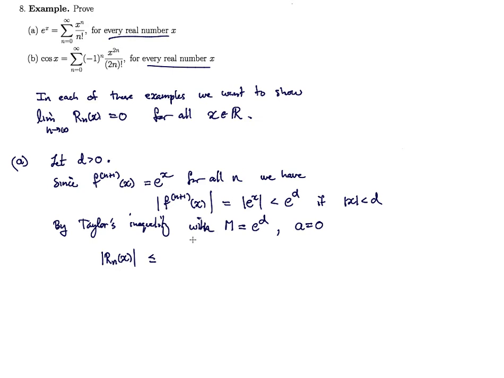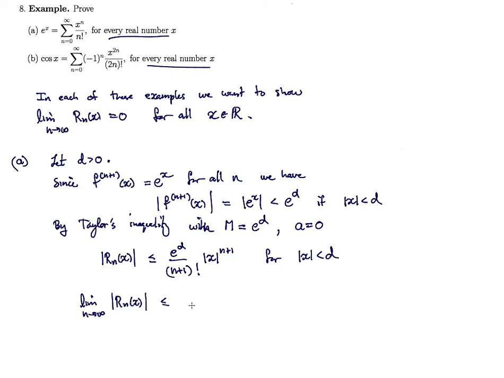And we have, by Taylor's inequality, that this remainder is bounded above by e to the d over (n plus 1) factorial times the absolute value of x to the n plus 1, on this interval that we're considering, x values of magnitude less than d. Now, we want this limit as n goes to infinity of the remainder to be 0 in order to guarantee that the series converges to the function.